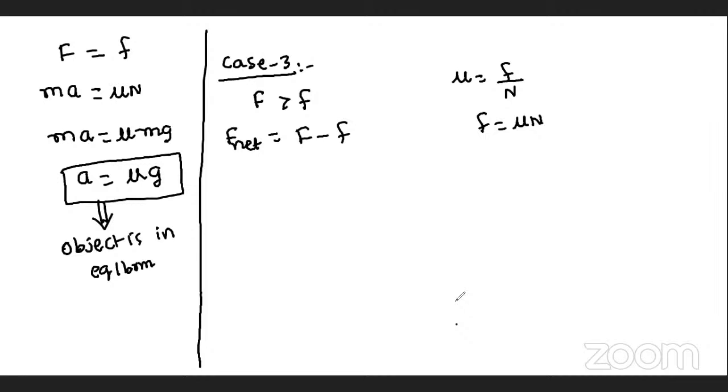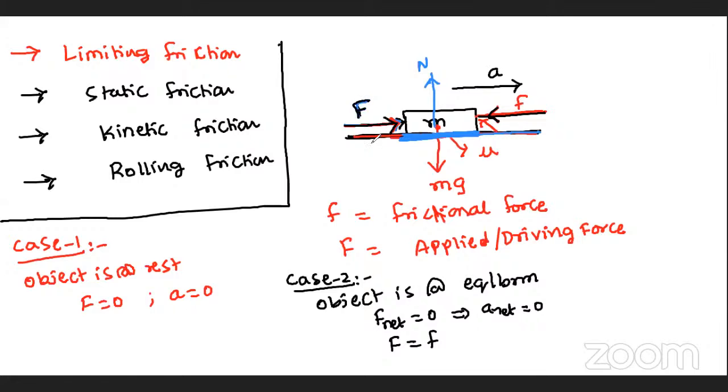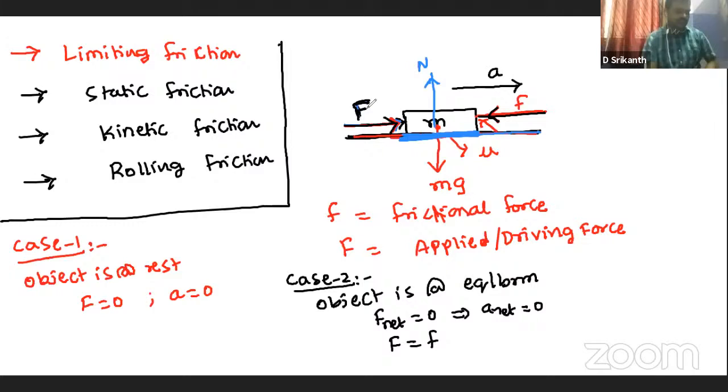You can see here applied force is moving towards right, that is parallel to positive x-axis. So in terms of vectors, F net is equal to F i cap. Frictional force is acting towards left, parallel to negative x-axis, so I can write plus F minus i cap.